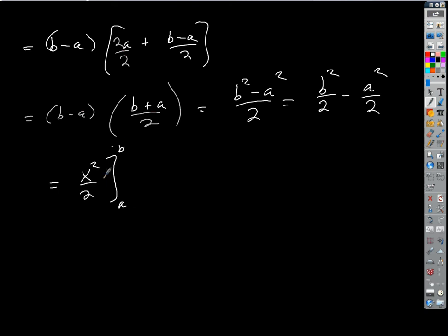That's just what this notation means. So it's going to be b squared over 2 minus this expression evaluated at a. You could put an optional bracket on this side if you want to. But even if you just have half a bracket, that's a new notation for you, but that's what it means.